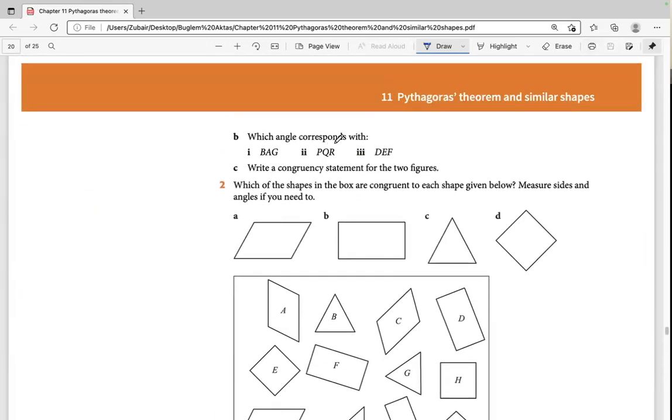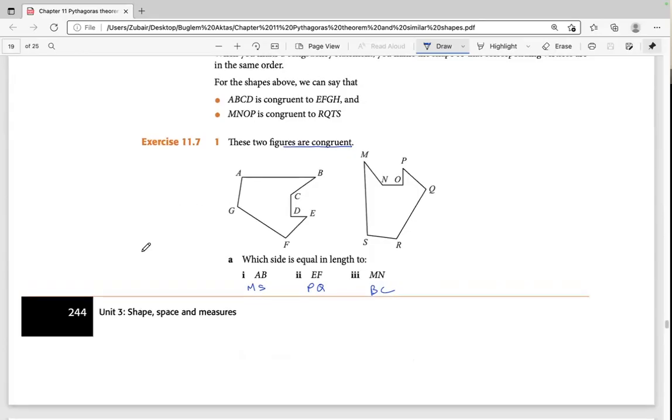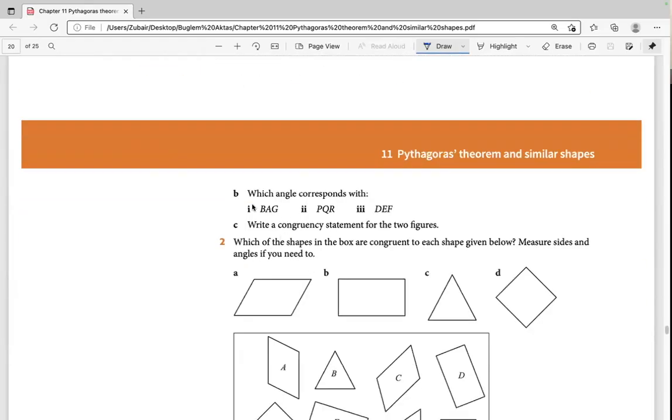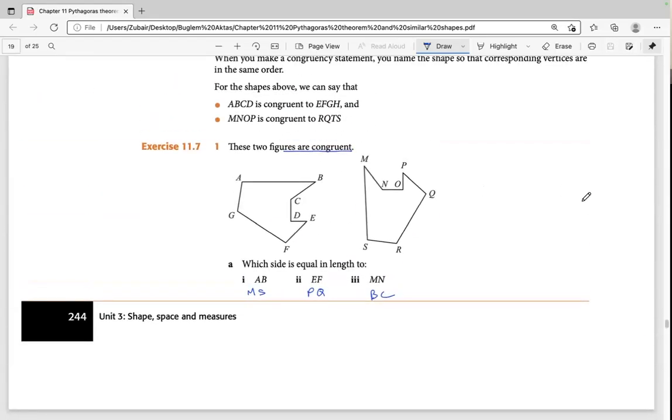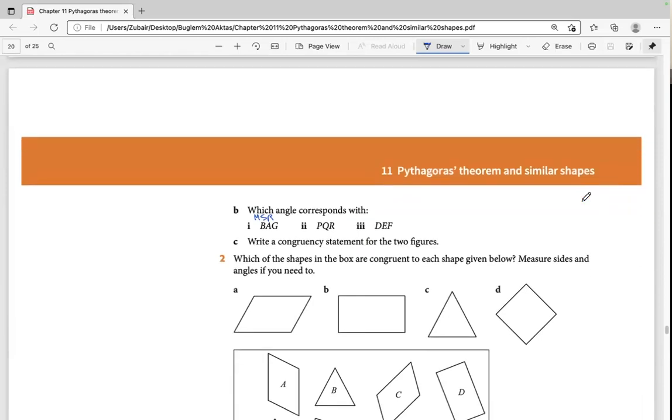Which angle corresponds to BAG? MSR. Okay, second one is PQR. EFG, right.